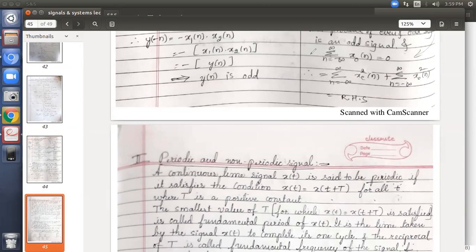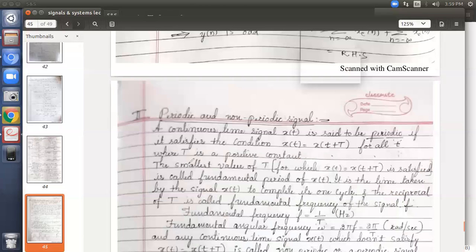So what is a periodic signal? Again, for periodic and non-periodic, we will go for continuous time as well as discrete time. So let me first define it for continuous time. A continuous time signal x of t is said to be periodic if it satisfies the condition x of t equals x of t plus capital T. Capital T is what? The period, the fundamental period.